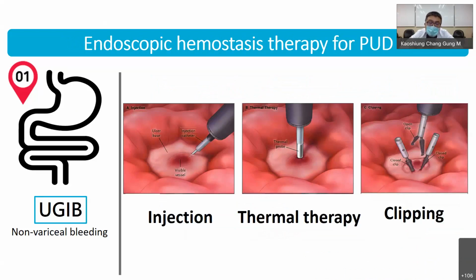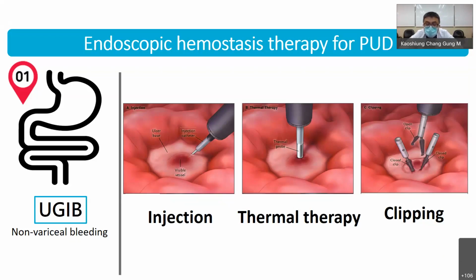Okay, if patients have high risk ulcers or ongoing bleeding ulcers, we can do endoscopic hemostasis therapy for patients right on time. These three pictures are an example of endoscopic therapy. First is injection therapy.